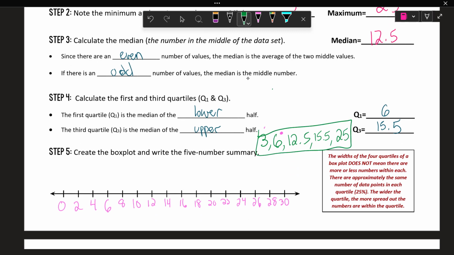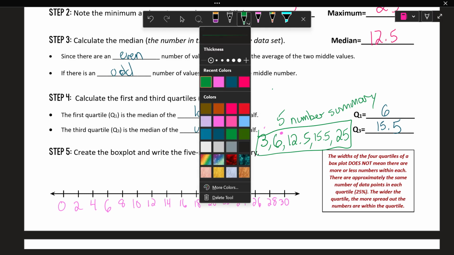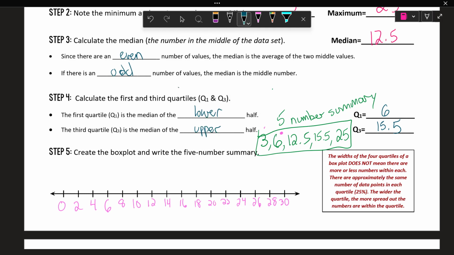This here is our 5-number summary. Again, those numbers split our data up into quarters, into 25% pieces. And we'll take a look at that once we get our box plot set.